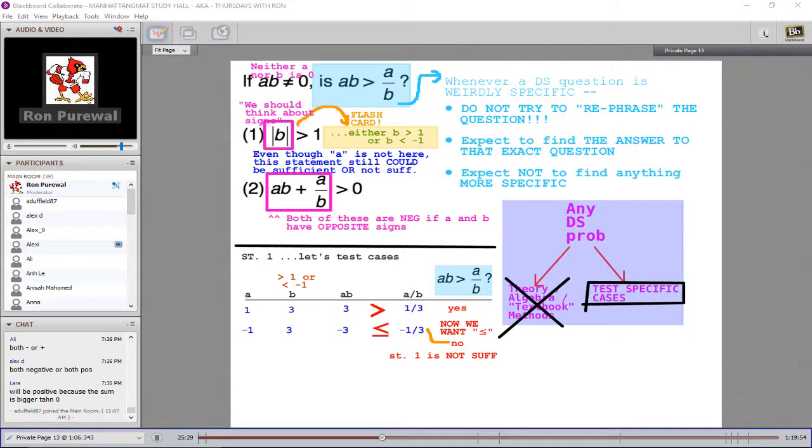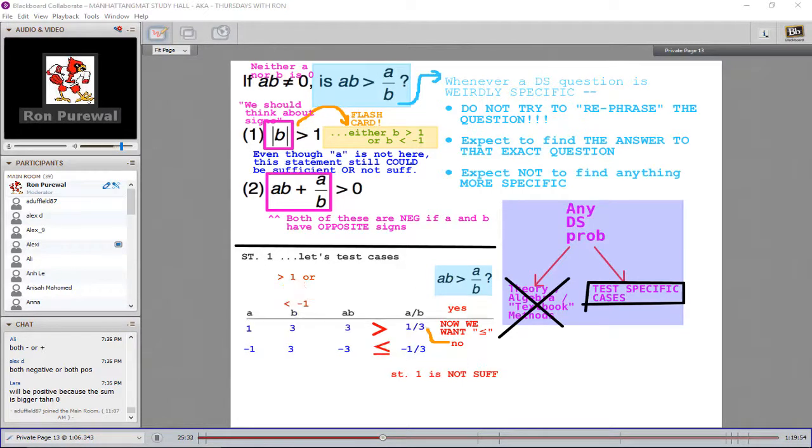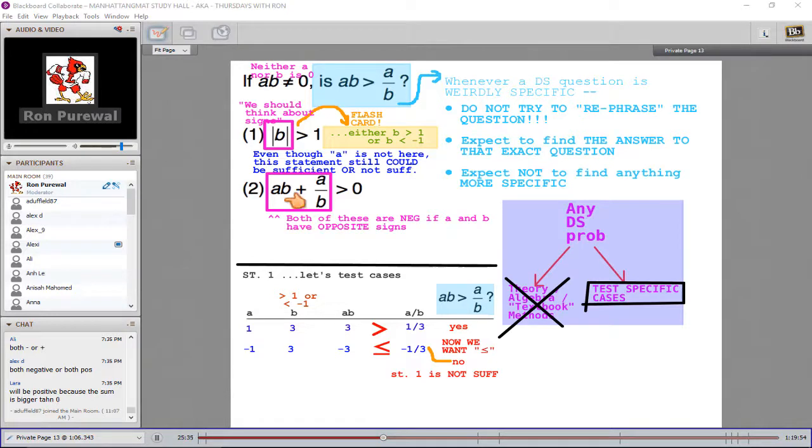But if they have the same sign, if they are two negatives or two positives, then AB is going to be positive, and so is A over B. So both of these are positive if A and B have matching signs. We need this to be positive, that's what the statement tells us.